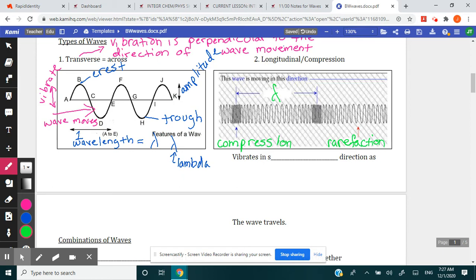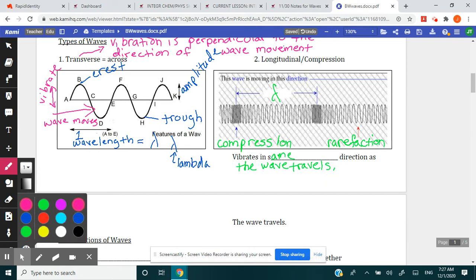It says that it vibrates in the same direction as the wave travels. Or we could say that the vibration is parallel to the wave movement.